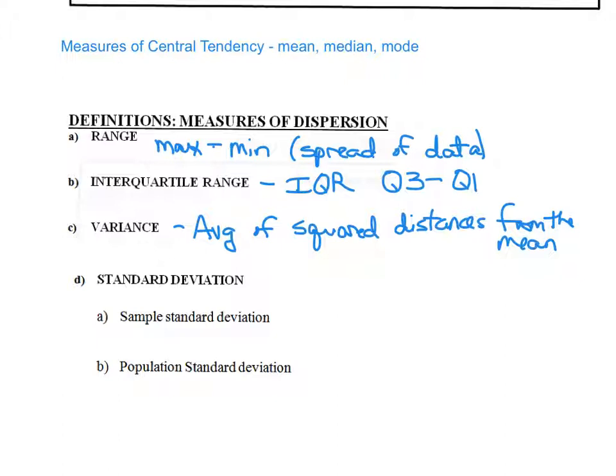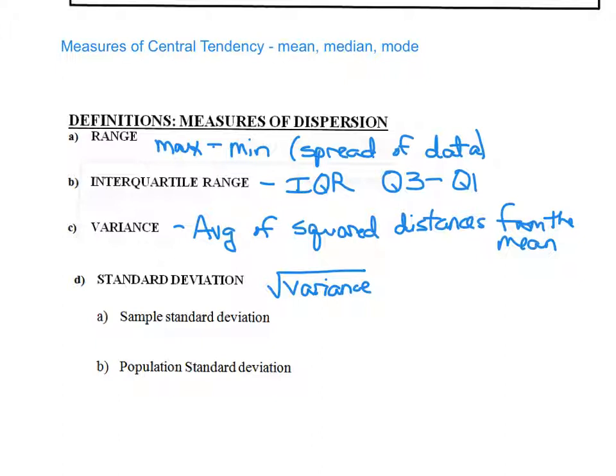So we can find the mean of the data and then take a look at every score and find how far away from the mean each score is. Then all we have to do is square those distances, and that's called the variance when we take the average of those squared distances. We're going to be looking a little bit more closely in the next few lessons at standard deviation. Standard deviation is going to be the square root of that variance.